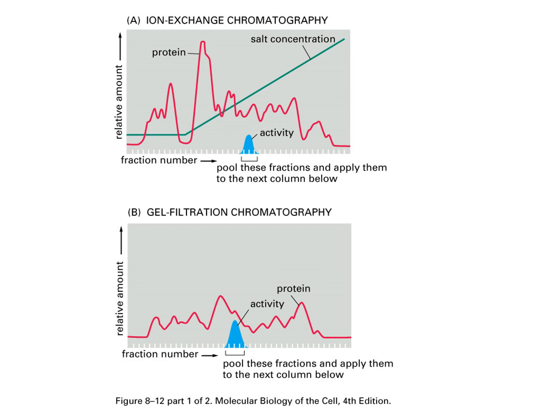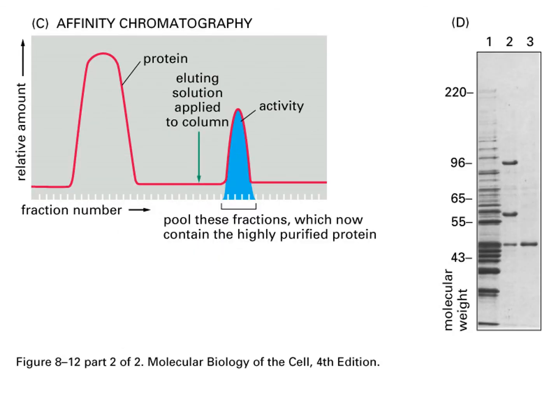And this is just another cartoon showing the fractionation. Here in the ion exchange, we let the proteins come through, and then we salt them out, and if it's an enzyme, we found that in these fractions here. Then here's size exclusion, and we purified this fraction as well. And then here's the affinity. So we get all the other proteins and our one protein.